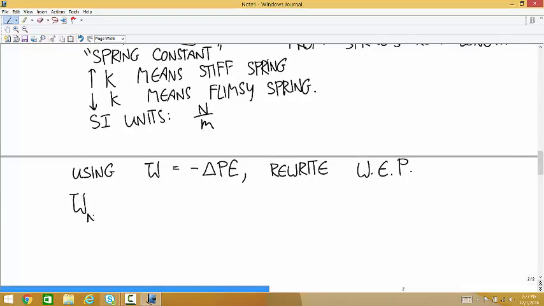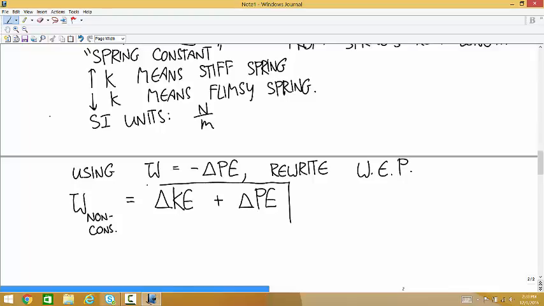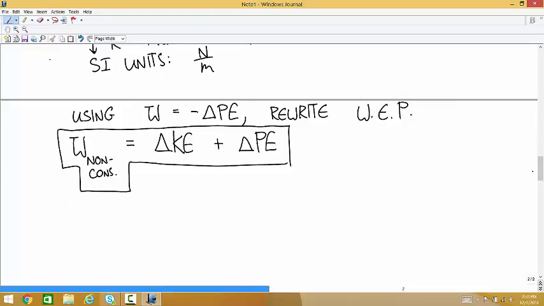The work done by all the non-conservative forces is equal to the change in kinetic energy plus the change in potential energy. And it gets one step easier than that if there is no work done by non-conservative forces.